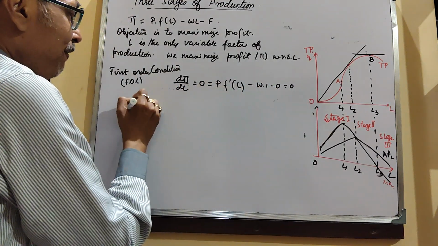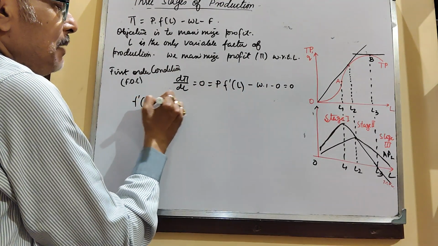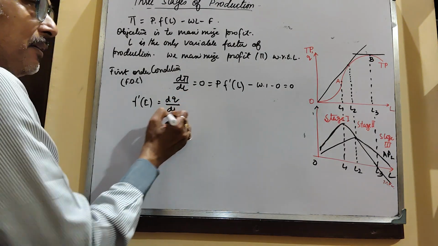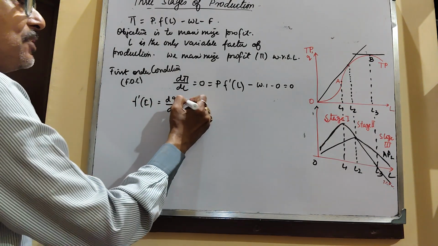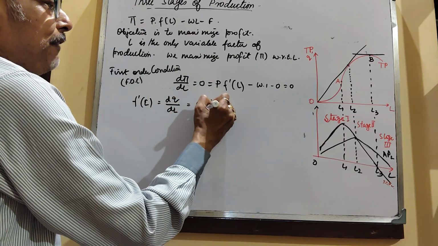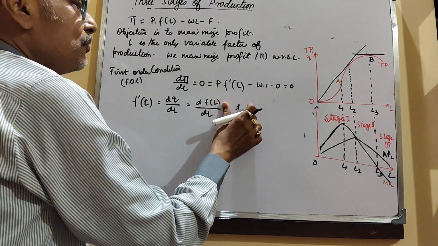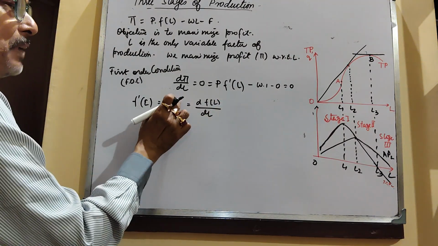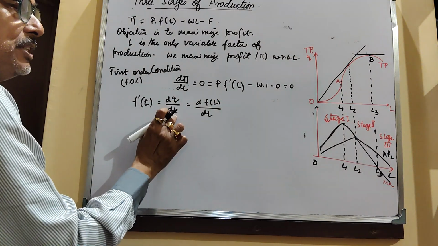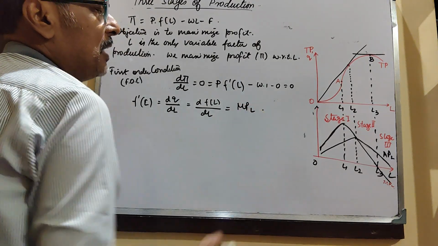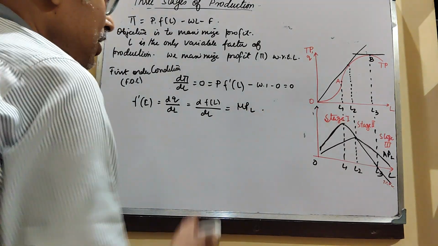Now what is F prime L? We differentiate output with respect to labor. F prime L is d of F(L) by dL, and in place of F(L) we can write Q, so dQ by dL. And dQ by dL is MPL, the marginal product of labor.